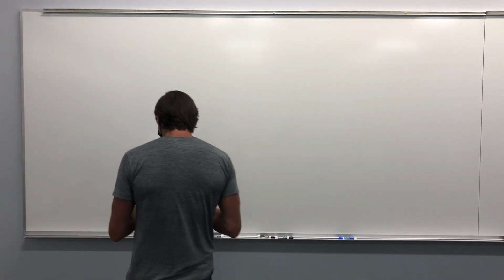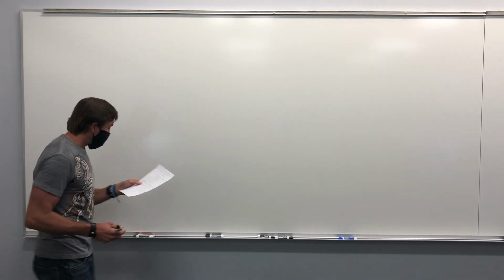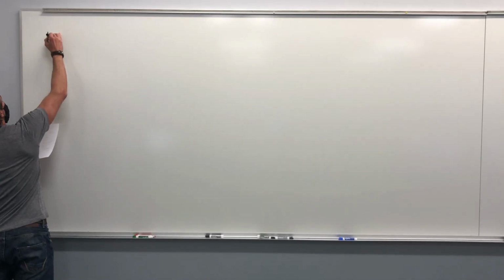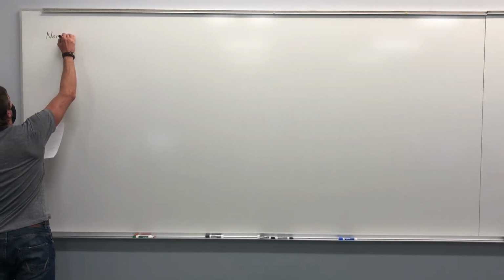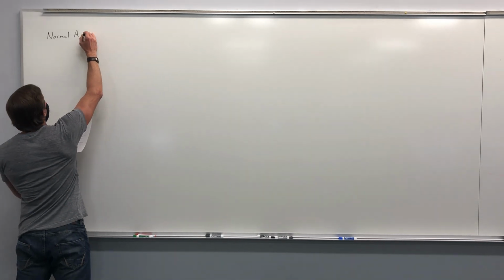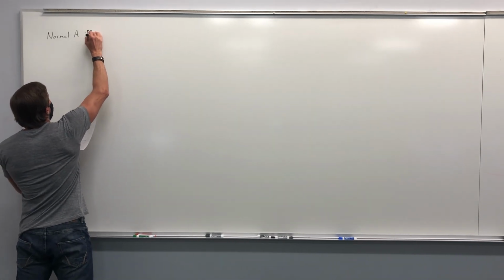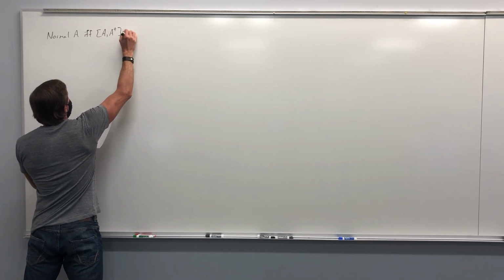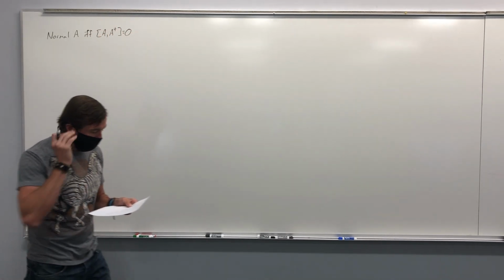All right. So I just want to very quickly start. Remember the definition of normal. A matrix is normal if the matrix commutes with its adjoint.